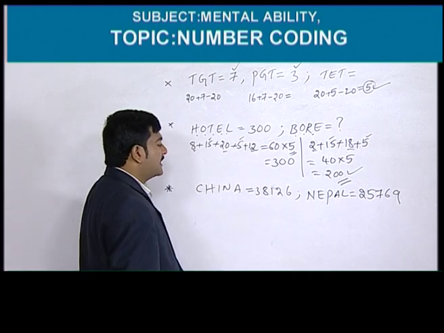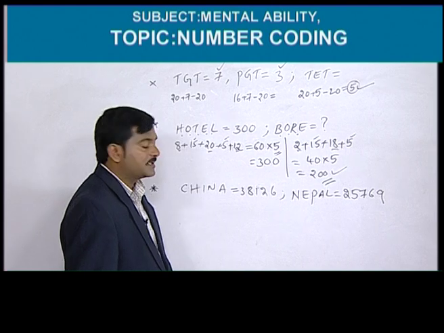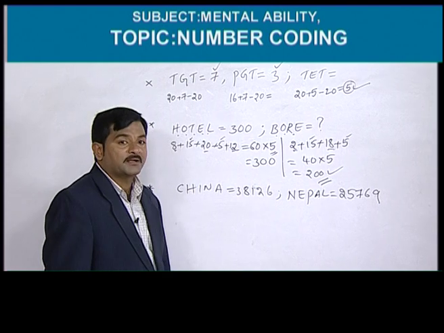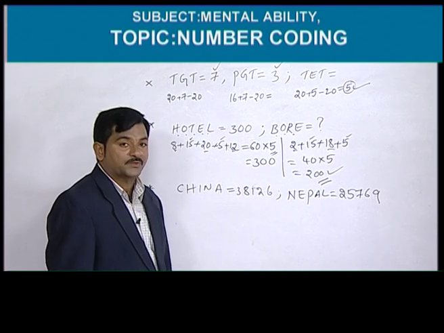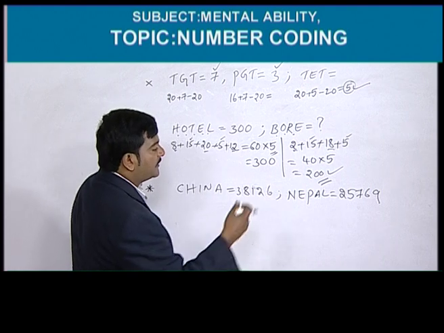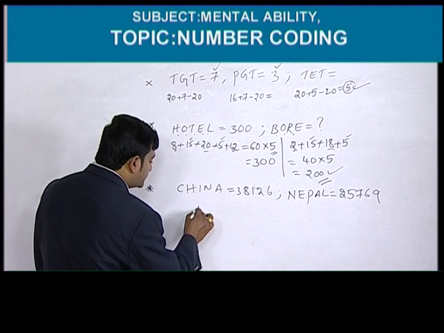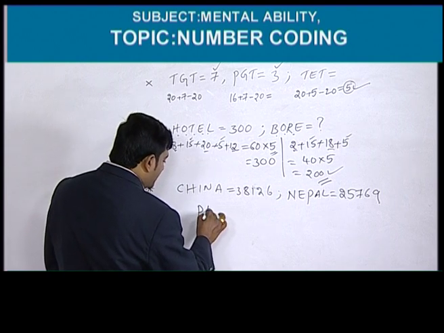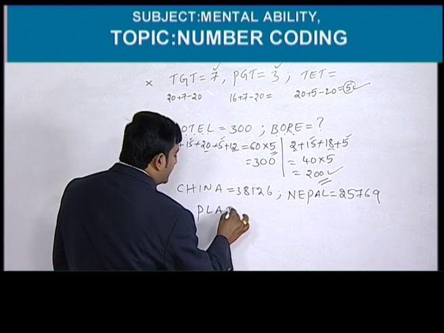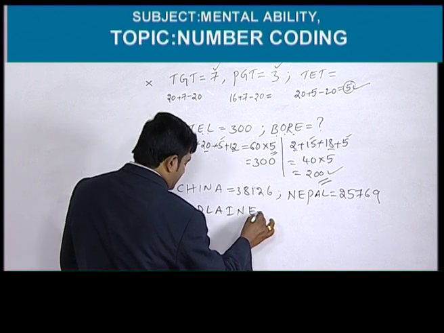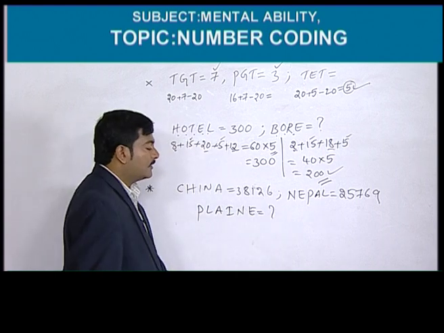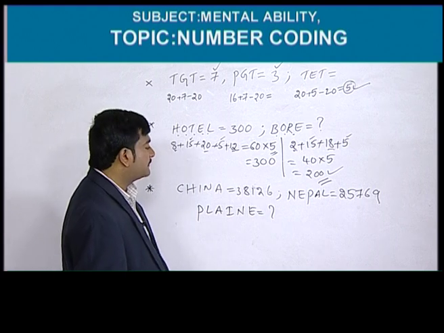I repeat this once again. In a certain code language, China is written as 38126, and Nepal is written as 25769. Then what is the code for the given word PLAINE? He asked to find the code for the given word PLAINE.